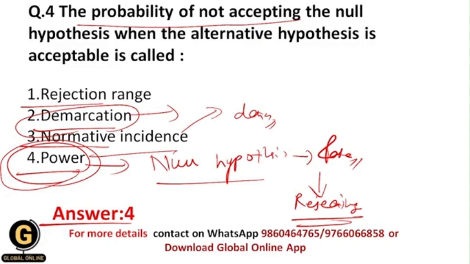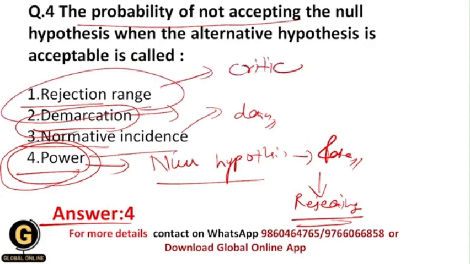And what is rejection range? Rejection range is also called the critical range, the region that is a set of values for the test statistic for which the null hypothesis is rejected. For these values we reject the null hypothesis. But for this question your correct answer should be 4, that is power.